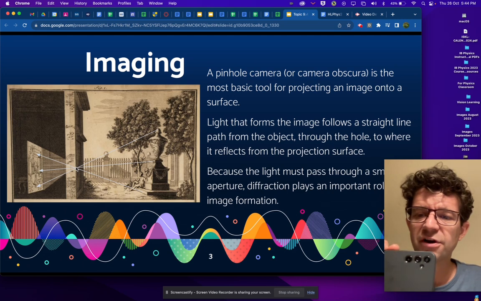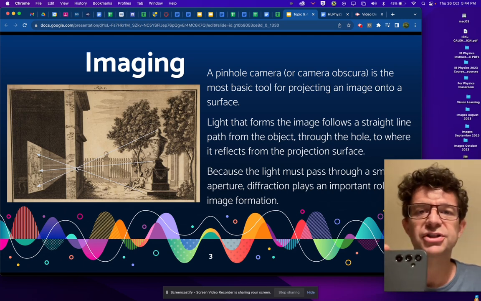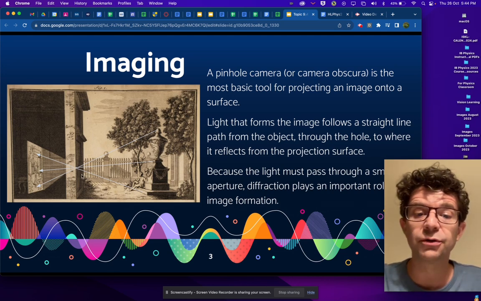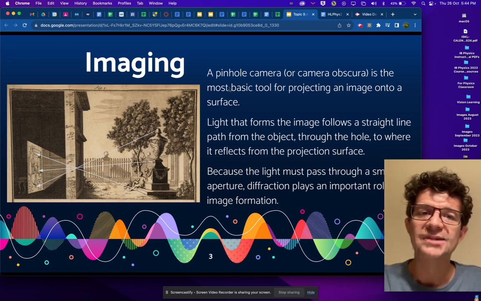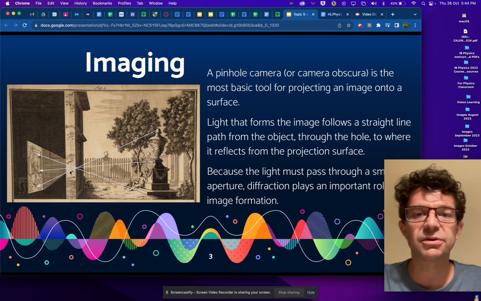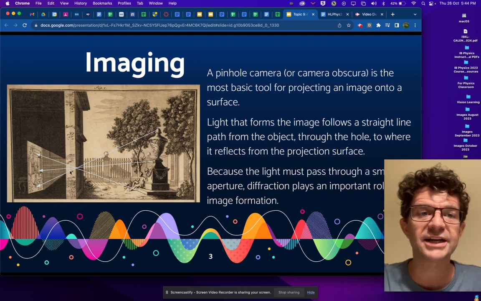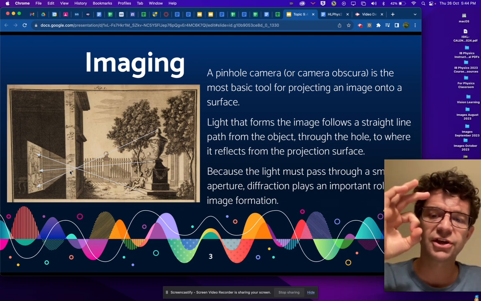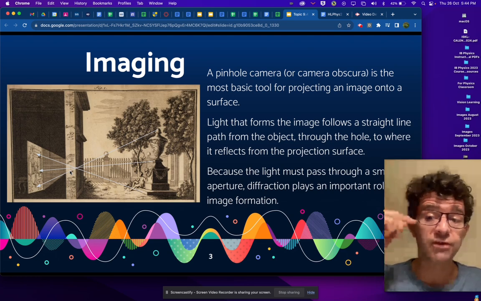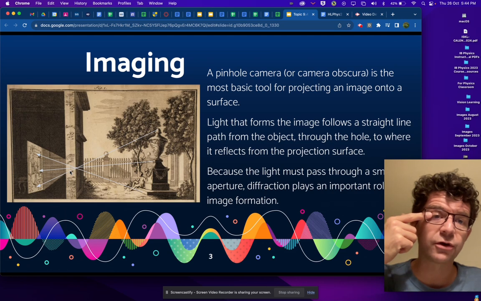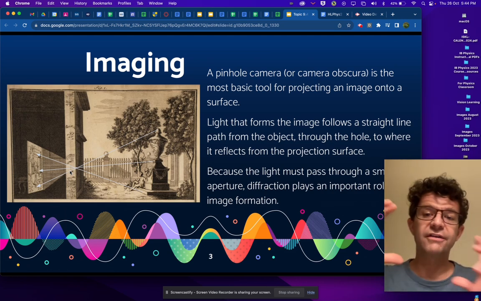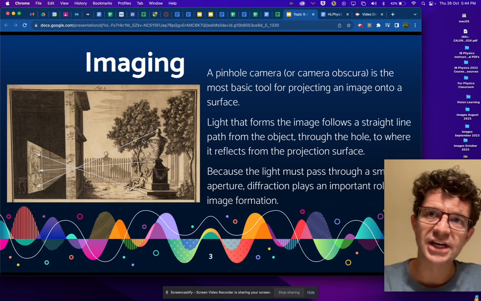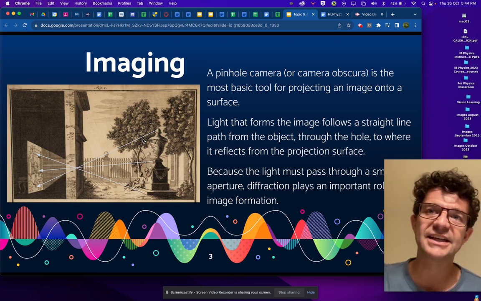And on your phone, you have very narrow apertures as well that light has to pass through on its way to an imaging surface. And so, though the pinhole camera is a particularly simple tool for projecting an image, almost all imaging tools involve a circular aperture of some sort, whether that's a lens like a glass, or your pupil like an eye, or even a large telescope like the Hubble telescope that's in outer space.